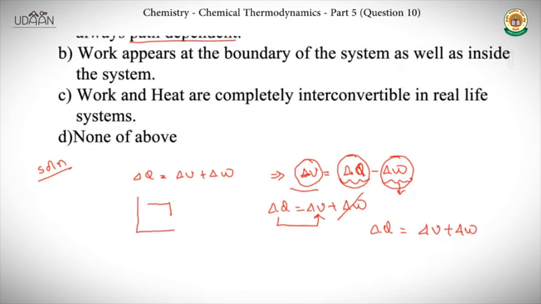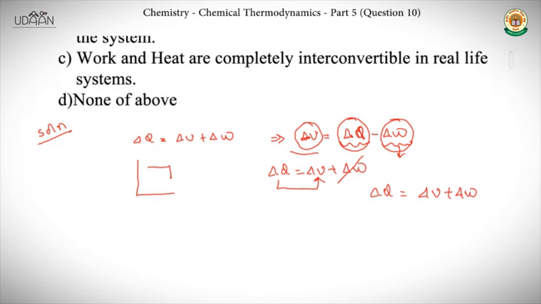Now let's look at the second option: work appears at the boundary of the system as well as inside the system. See, if you have a system with some energy, how can this energy escape from the system? Either in the form of work or in the form of heat. So this energy can do some work, or it can escape as heat. Energy is a property of the system.